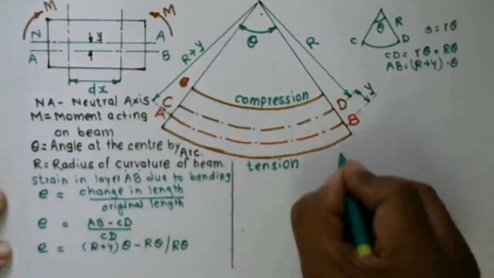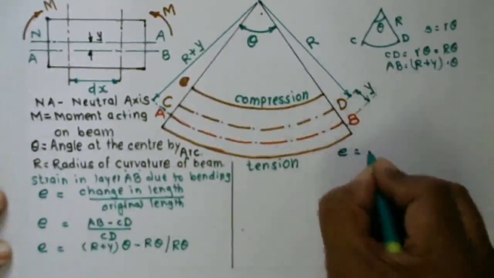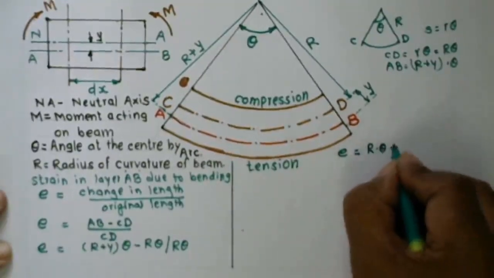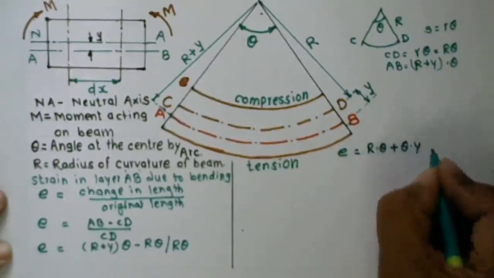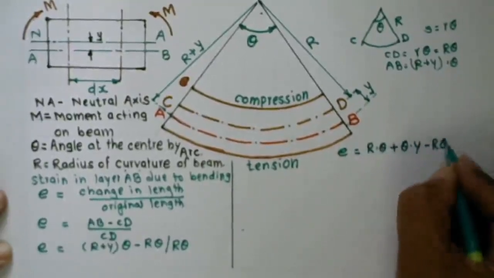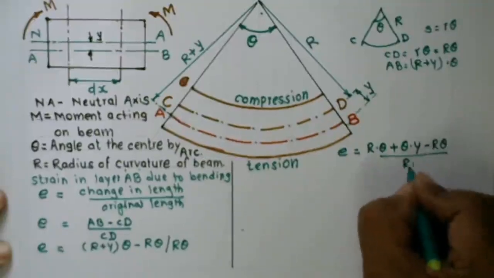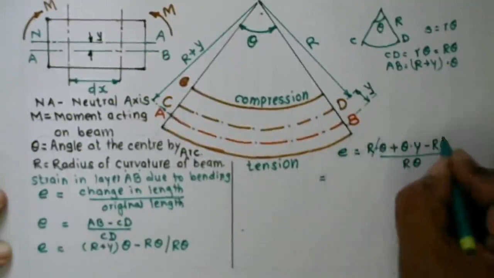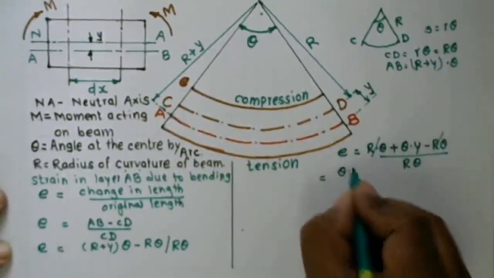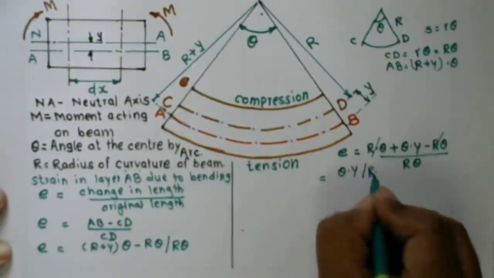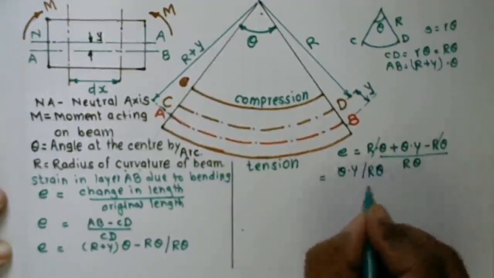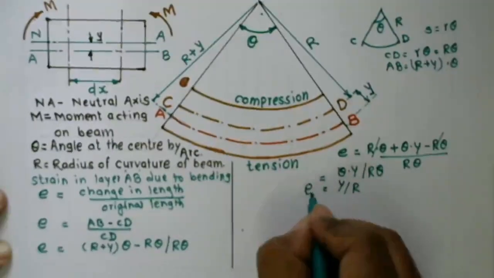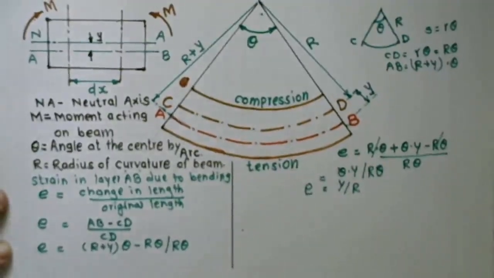So e is equal to R into theta plus theta into y minus R into theta, divided by R theta. So R theta cancelled, and you will get theta into y upon R theta. Again theta will be cancelled, so you will get y upon R. Strain is equal to y upon R.